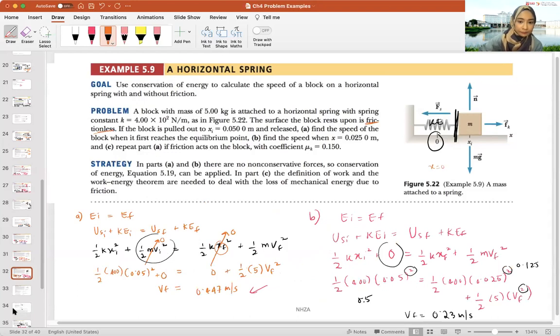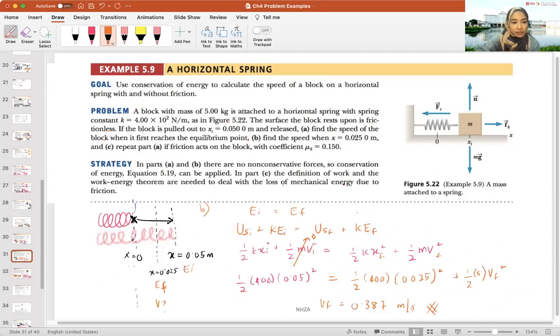And then part C. So part C, if friction acts on the block with coefficient mu k 0.15, find the speed when x is equal to 0.025. Bukan, sorry. It starts from here. Repeat part A, if friction acts on the block. Part A is find the speed when it reaches the equilibrium point.